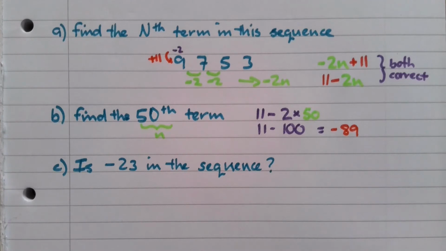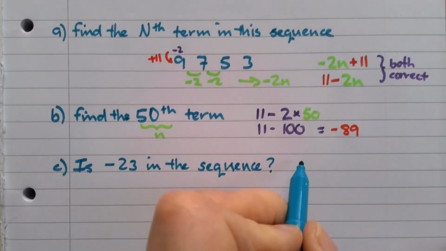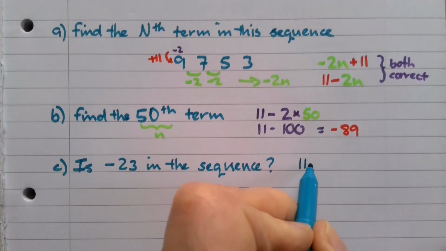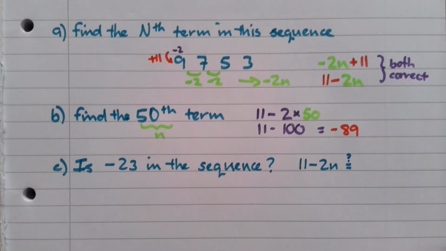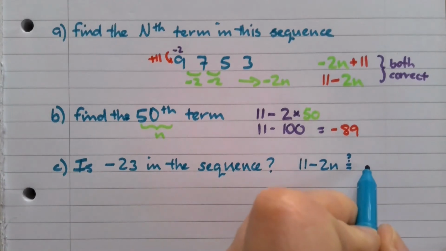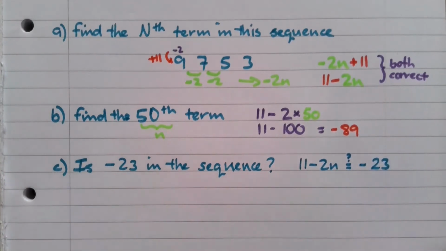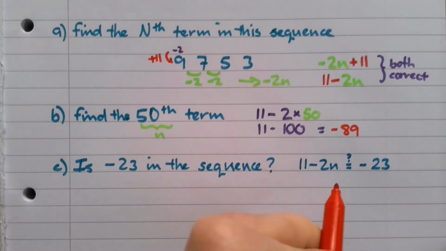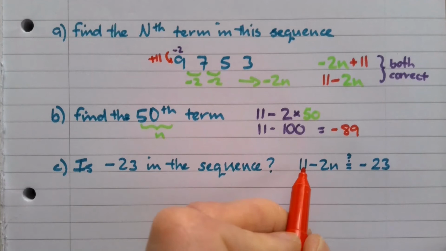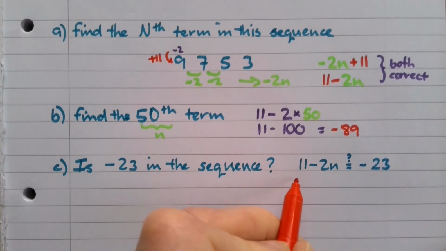And is -23 in the sequence? So like before, we need to write ourselves out a little bit of an equation. So we've got our rule, and our rule was 11 take away 2n, and then we just need to question mark whether that's going to be equal to -23. A little bit more complicated here because of all these negatives, but we need to get the n on its own, so let's get rid of that positive 11.